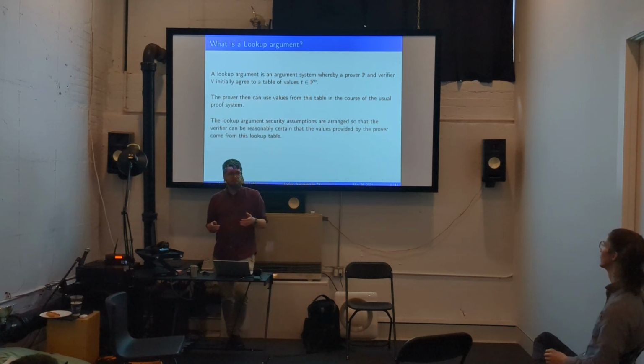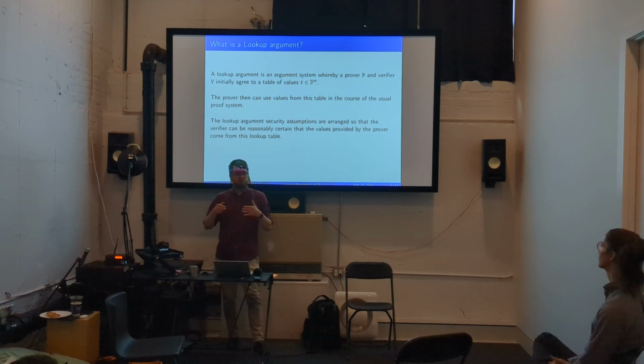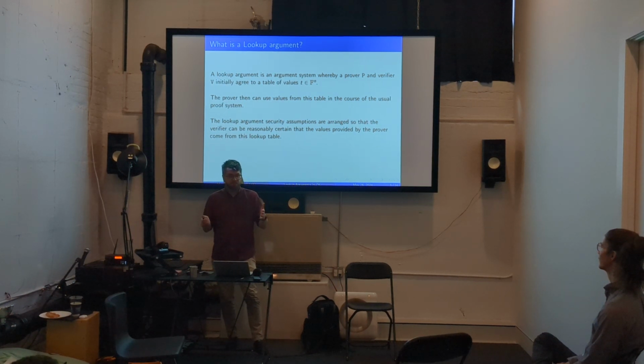And the idea, in terms of the lookup argument's security assumptions, is that the verifier can be reasonably confident that the prover has accurately used the values from this table whenever he says he does. So this is a very, very broad idea. It's incredibly vague, intentionally so, because again, I'm not going to say anything very precise.